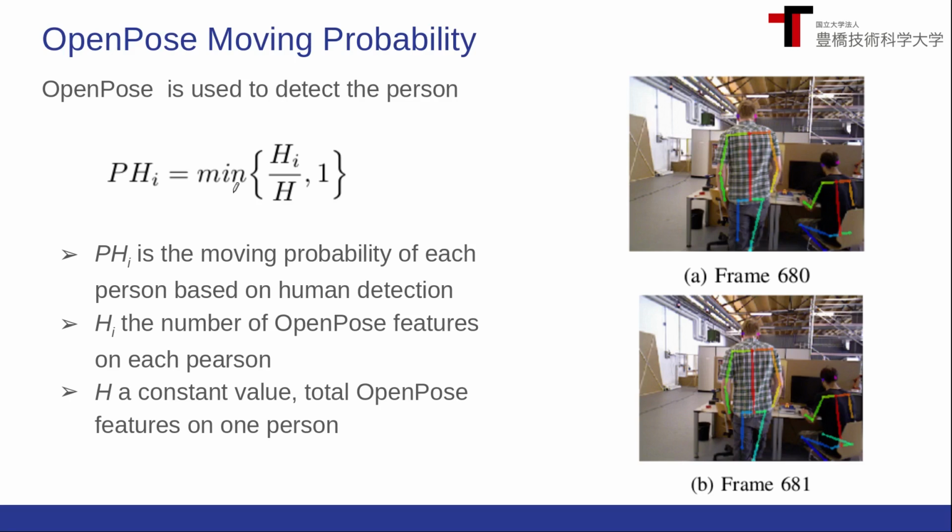Similar to the geometric moving probability, we also define the OpenPose moving probability. PHi is the moving probability of each person based on the human detection, and Hi is the number of OpenPose features detected on each person, and H is the total OpenPose features on each person.